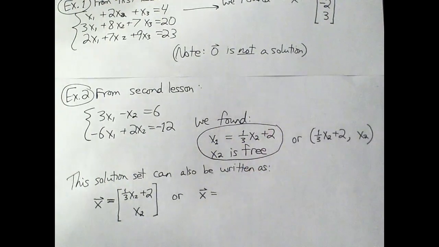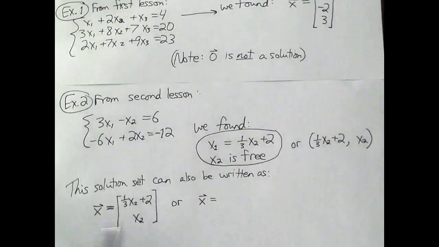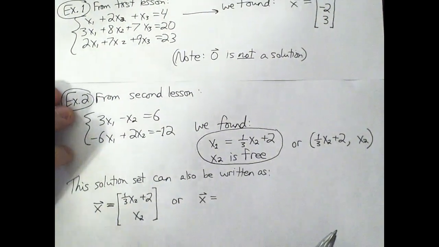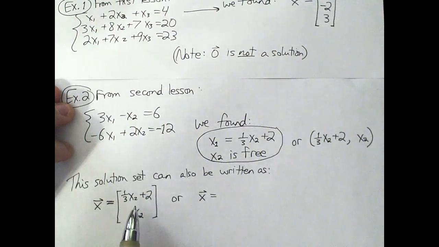In that thing that we had above, I guess it was a few minutes ago by now, we had a homogeneous problem and we pulled the x3 out. I kind of want to pull the x2 out. If I pull the x2 out of this, I have to be careful about how I do it, right? Because this first entry has an x2 attached to part of it, but then there's this plus 2 that's just kind of floating there.